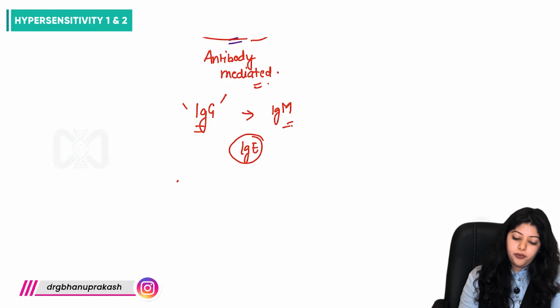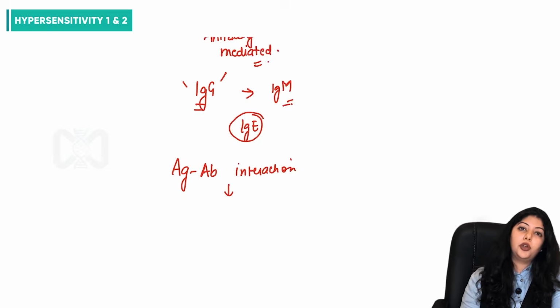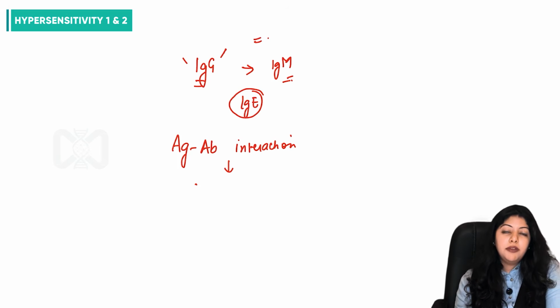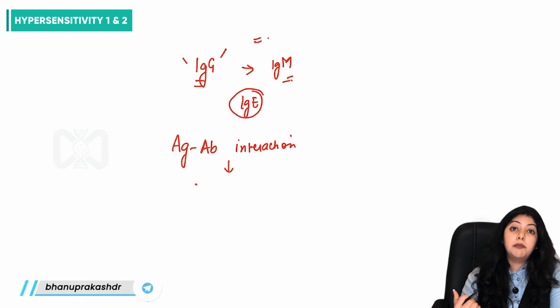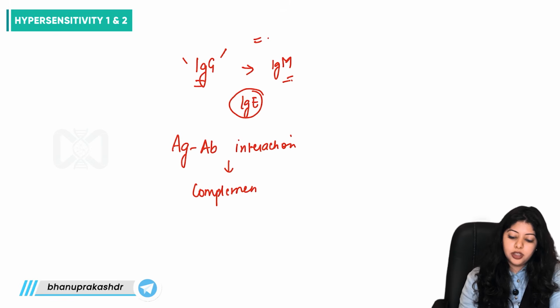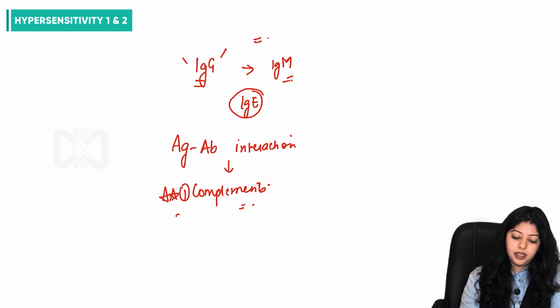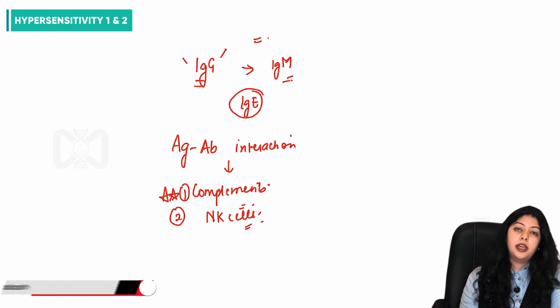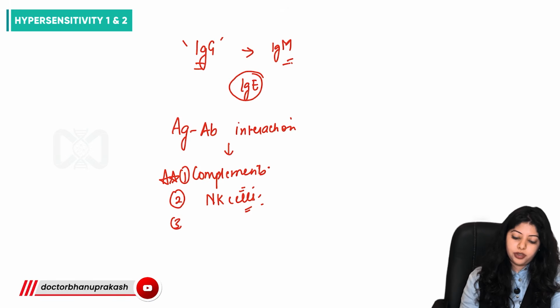When the antigen-antibody interaction occurs, there is development of certain inflammatory states, which in most cases are complement mediated, and there are other cells involved with type 2 hypersensitivity. One is complement, then we have NK cells as well, and certain autoantibodies as well.